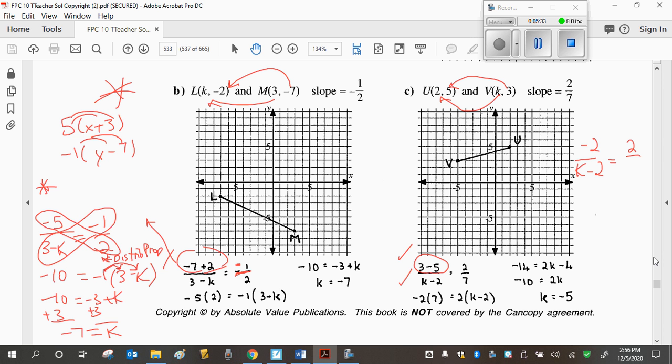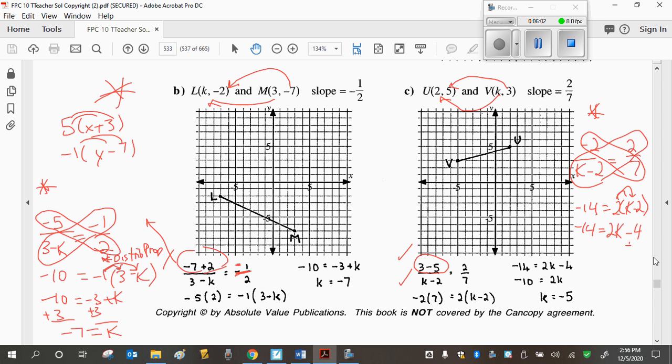Again, you have to know how to do this next step, and that's the one that's going to get you full marks or maybe not even half marks. 7 times negative 2, everyone gets that part. But this is the hard part. 2 times a binomial is 2 bracket times the binomial. So you multiply the 2 by the entire binomial, so you get 2k subtract 4, not 2k subtract 2.